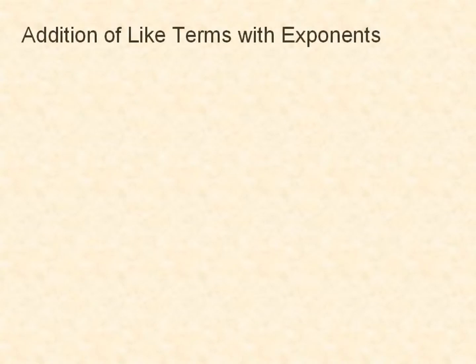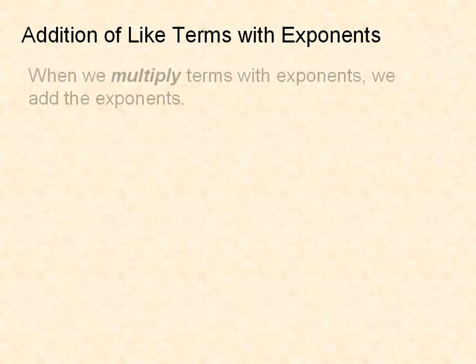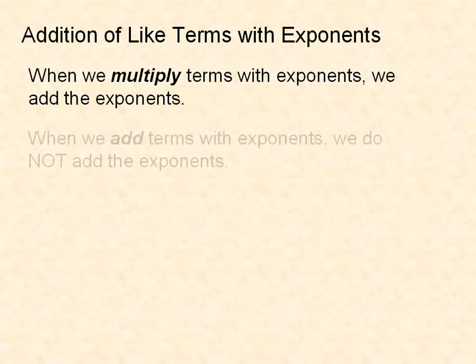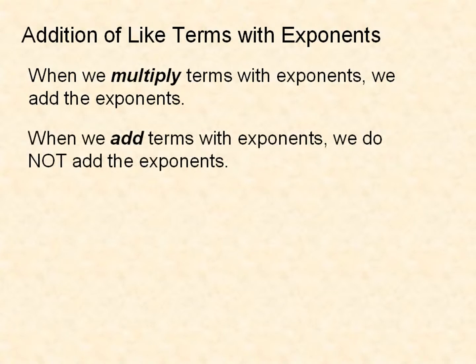Addition of like terms with exponents. When we multiply terms with exponents, we add the exponents. When we add terms with exponents, we do not add the exponents. For example, x third times x third is x to the sixth, because we add 3 plus 3.